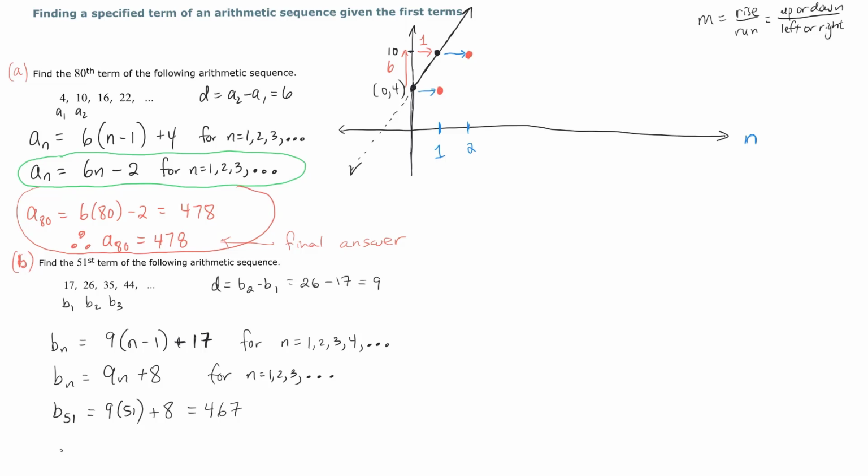So therefore, your expression b sub 51 is equal to 467. Make sure you show your work. Even though this is your final answer, it's best to show all the evidence that's involved. So I'm going to circle the whole thing. Same thing up here. I really should have circled the whole thing.